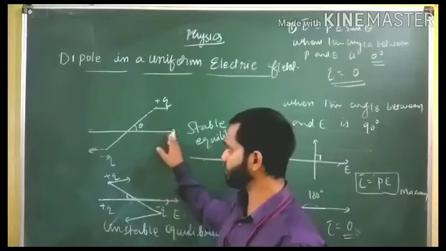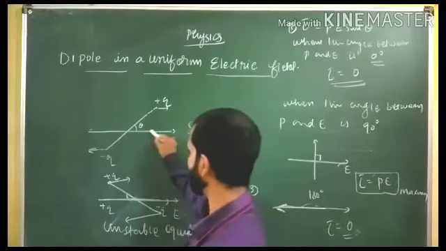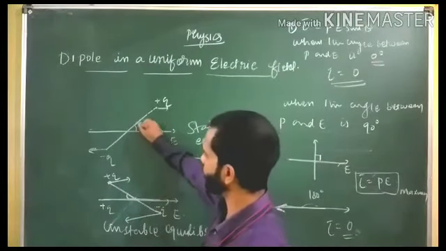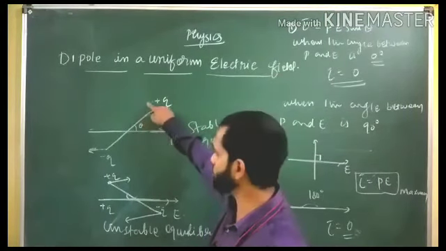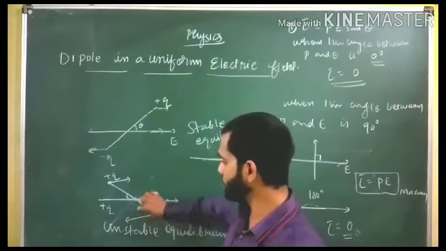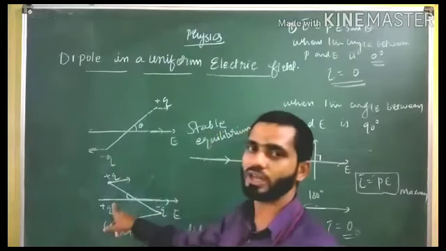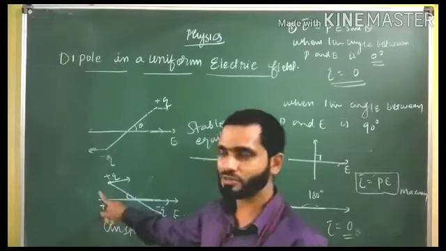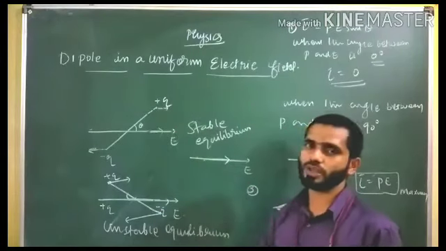Previously the dipole was in a stable equilibrium, and we give a small rotation. After that, the dipole tries to come back to its previous position. But here we are giving a small rotation and because of that it will completely rotate. It is not going back here.